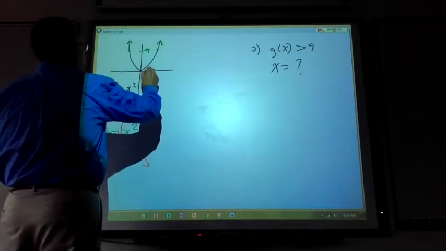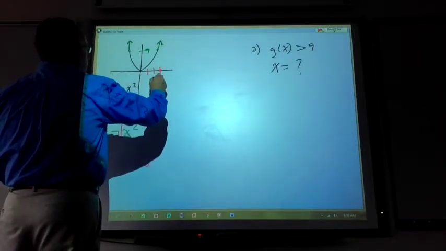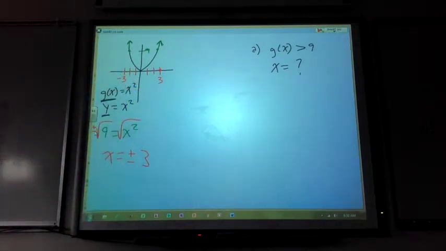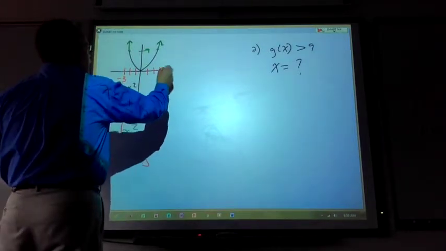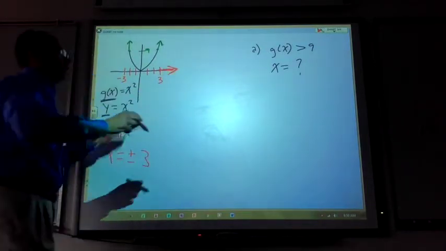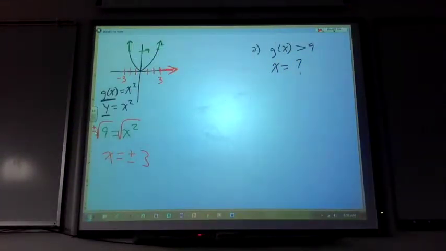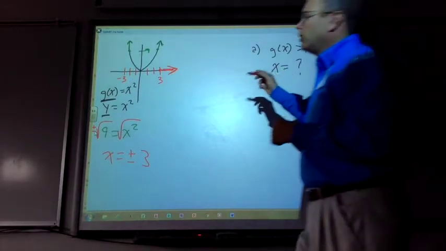So, at 1, 2, 3, and at negative 1, negative 2, negative 3, my y values are on either side of that. So if I go this way, in the x direction, if I plug in 4, 5, 6, 7, 8, 9, 10, and so on, for my x value, it's going to give me a y value that's bigger than 9. Also the same over here.